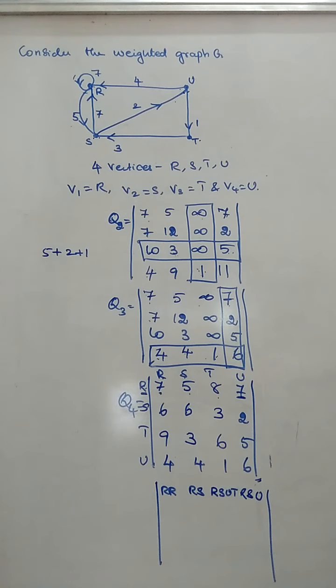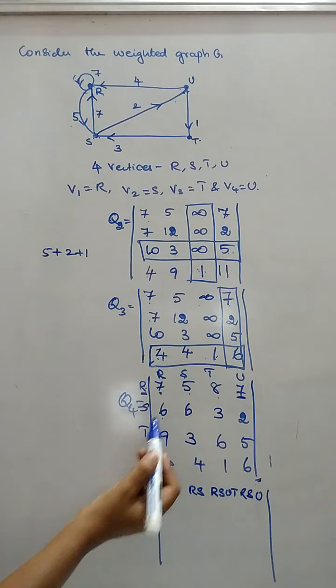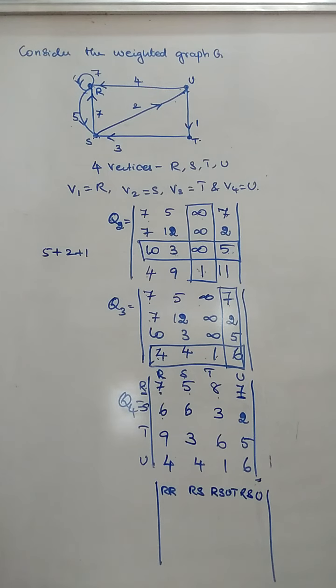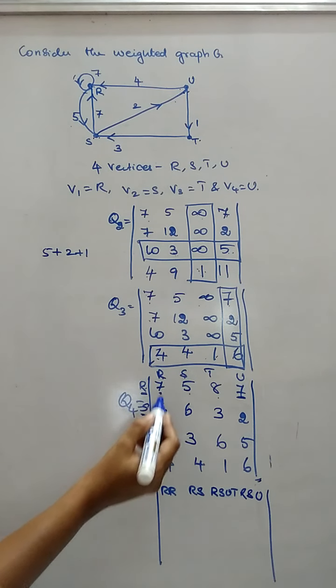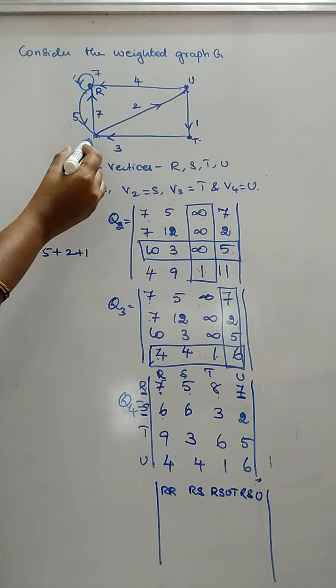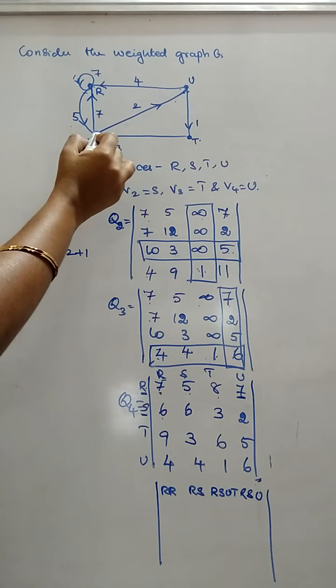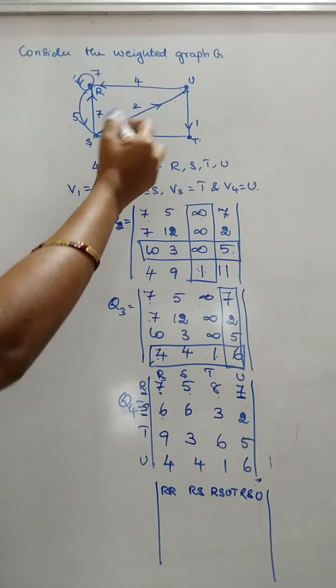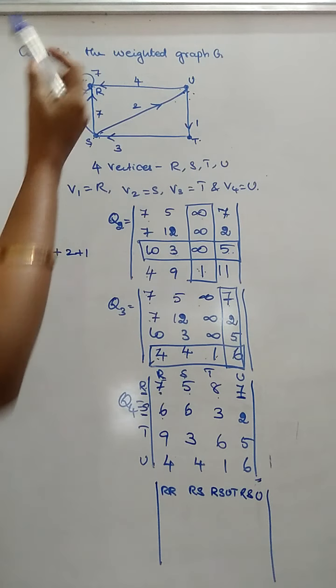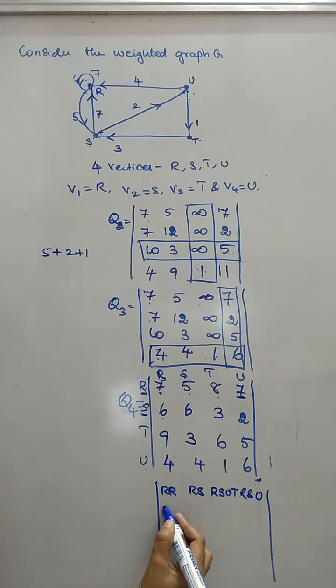Right? So then for this place, you know very well, we are having 6. So S to R. From S to R, you are having this one edge, and next one is from S to U, U to R. So here you can write S to U, U to R. Okay.